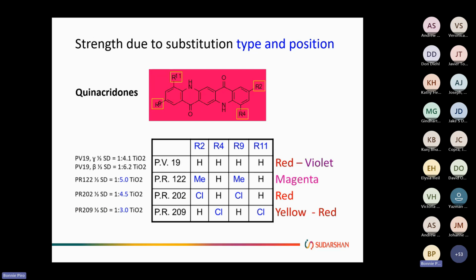The strength, as I mentioned, the strength of these quinacridones can be very good, but it all depends on the type and the substitution and the position of the substitution. So here you get a feel for how the substitution can result in the amount of TiO2 required to get to that 1/3 standard depth positioning.